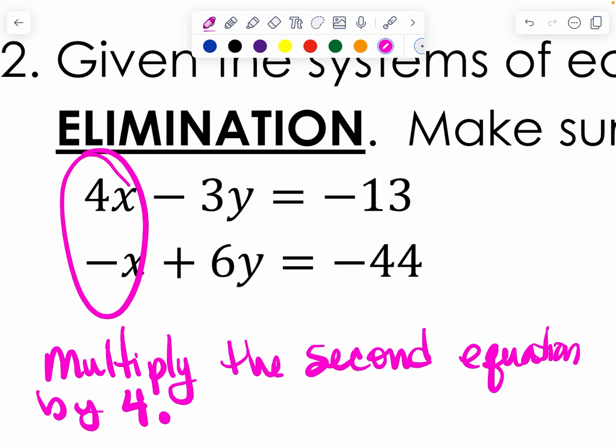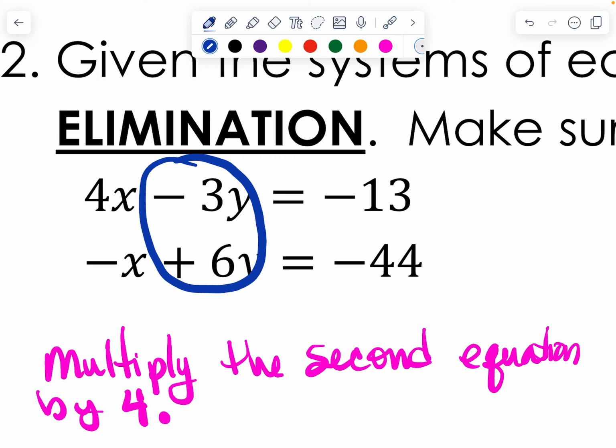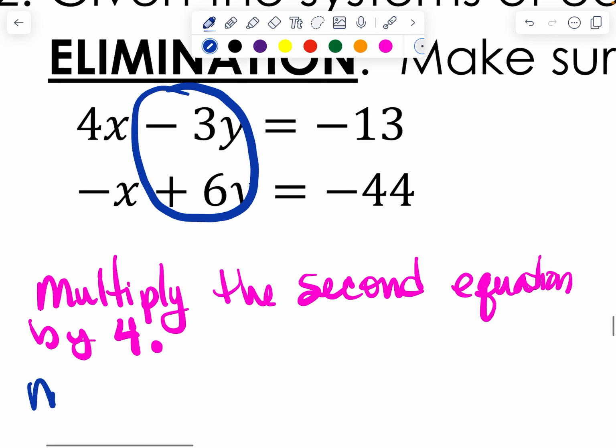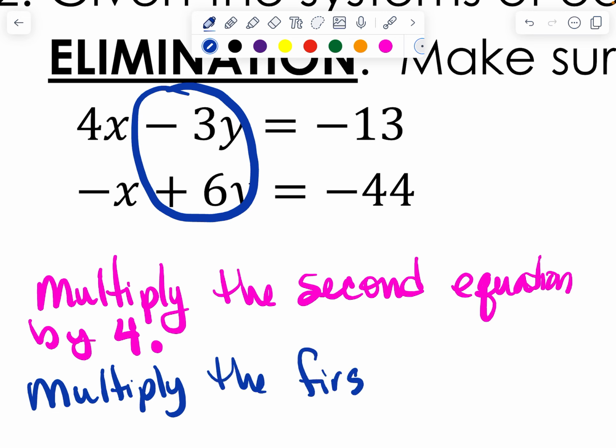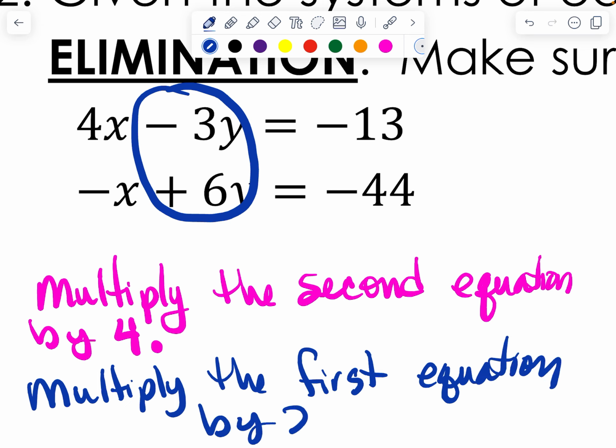But if I wanted to get the y's opposite of each other, so I need to make negative 3 into negative 6, then I would multiply the first equation by 2.